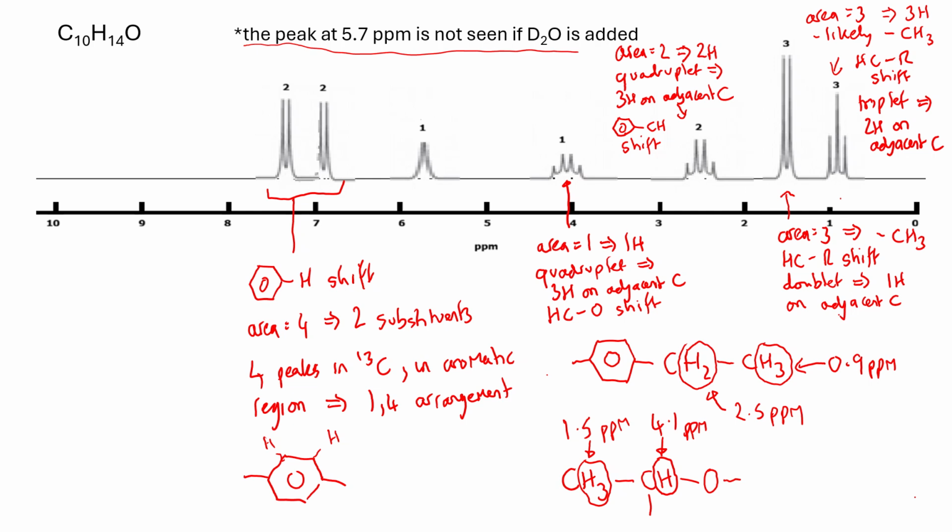What happens with OH peaks is that if you add D2O, the OH is converted chemically into OD, so hydrogen is replaced with heavy hydrogen, and deuterium doesn't give a proton NMR peak. So if you change OH into OD, the OH peak just disappears. So this is an OH peak, which is confirmed by disappearance in D2O.